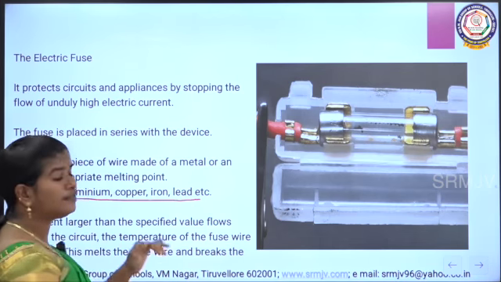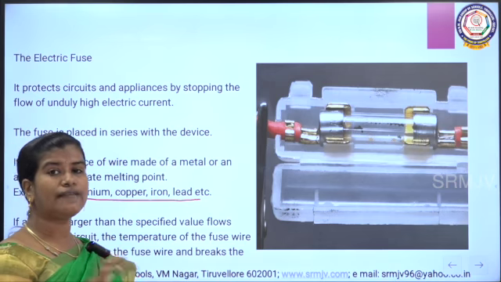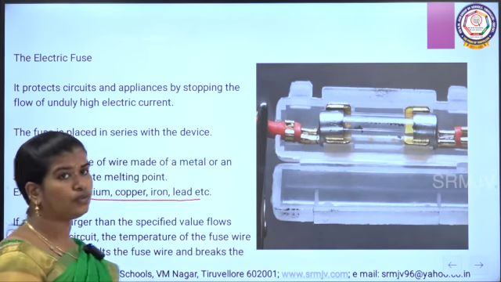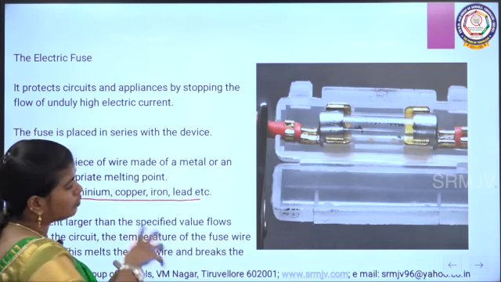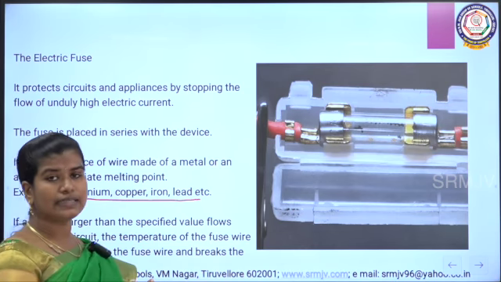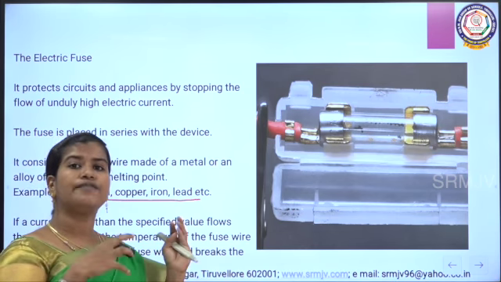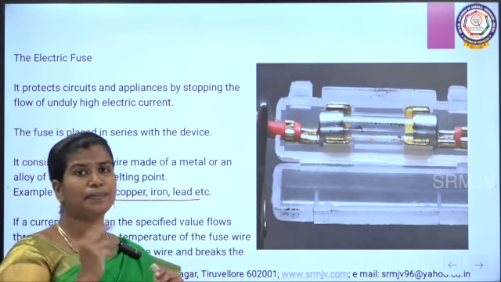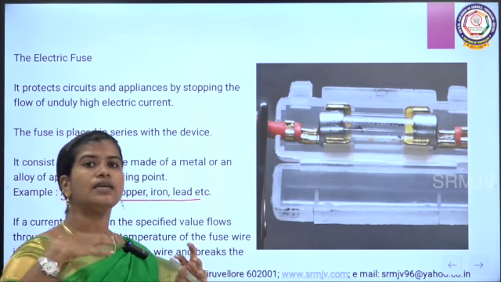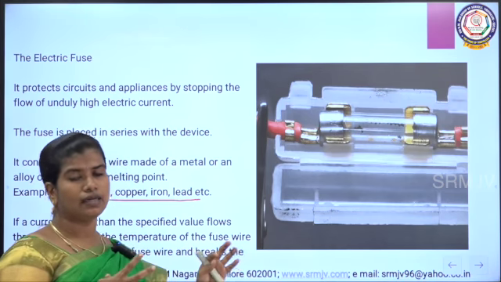So that we have different values, we used to have different ratings for the fuse. Okay. So, how does it act as a safety device? If more current flows through it, it automatically starts to melt and it will break the circuit. That is the concept behind the fuse.